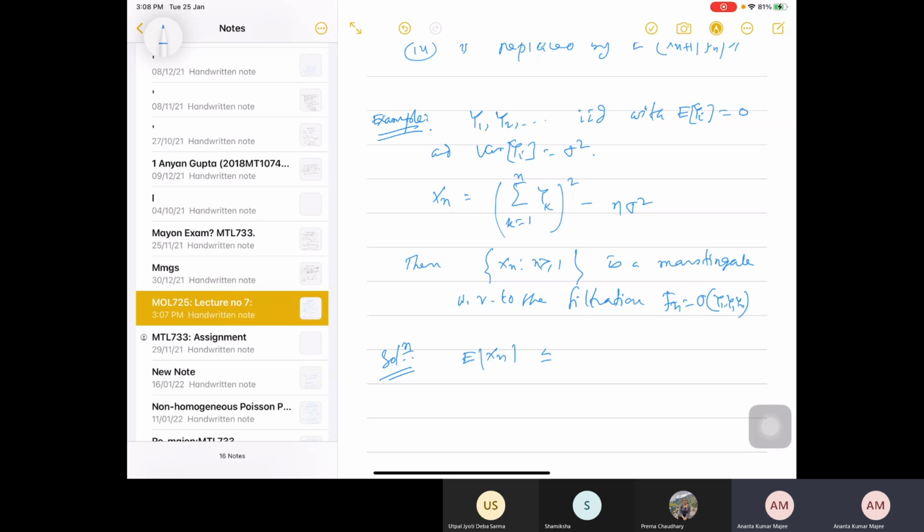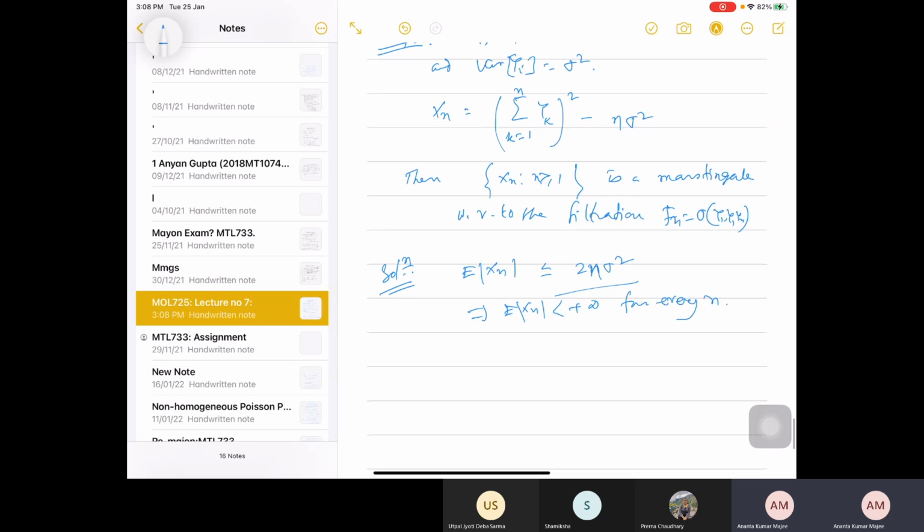So from here you have n sigma squared plus n sigma squared. So at most I have 2n sigma squared. Is it not? So for every n, the expectation of |X_n| is finite.